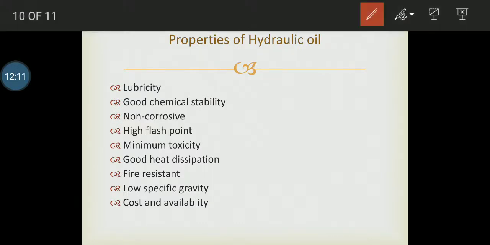Then the properties of hydraulic oil: lubricity. Lubricity is a term related to lubrication. Lubrication of the system is very important, which means you maintain the viscosity of the oil.